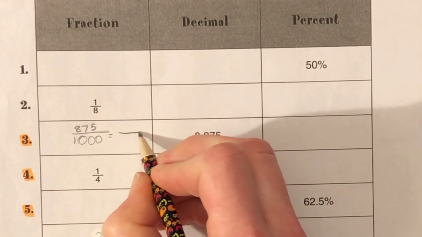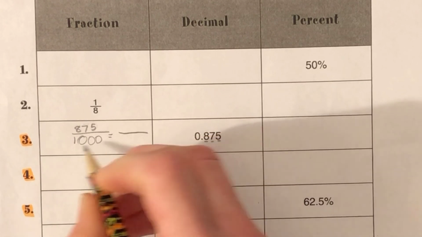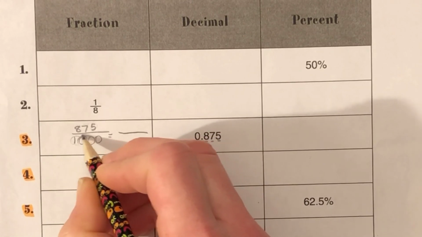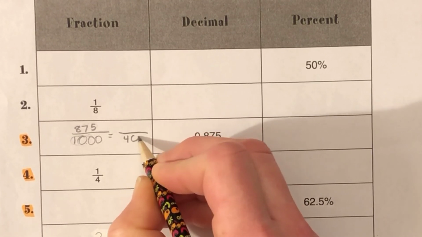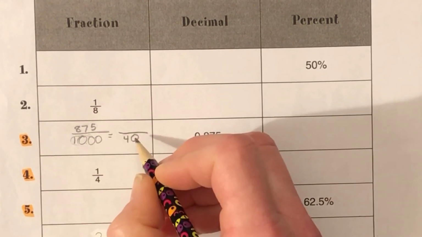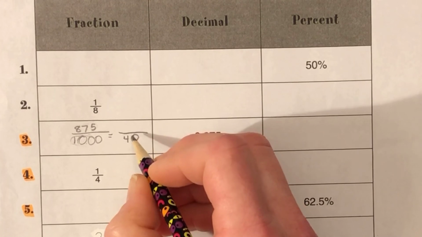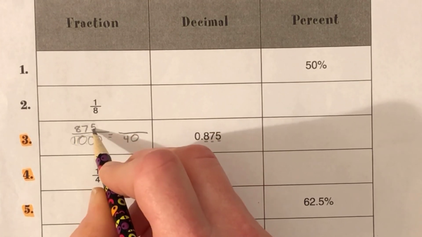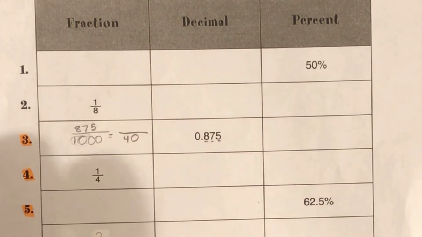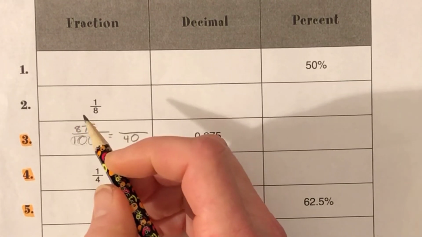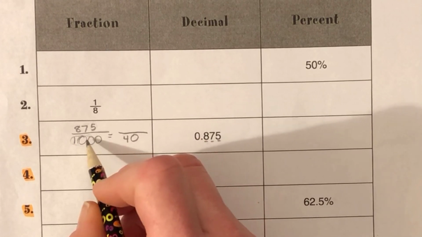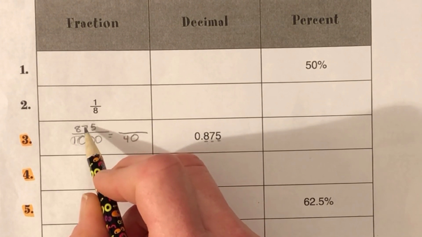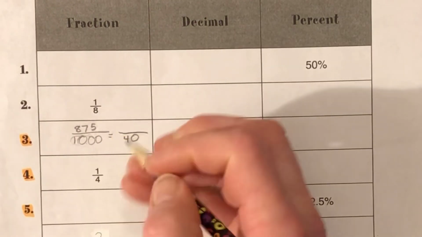If I reduce it by 25, 25 goes into 100 4 times, so this will be 40. 25 is like a quarter. So if I have 800 cents, like $8, would be 4 times 8, 32. So 25 goes into 800 32 times, plus 25, 50, 75, 35.